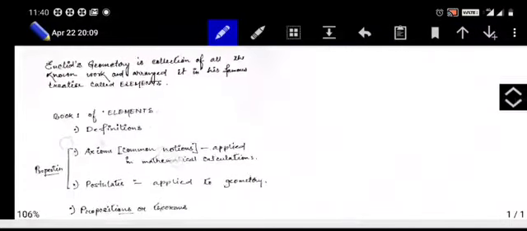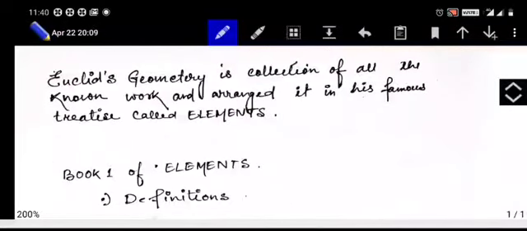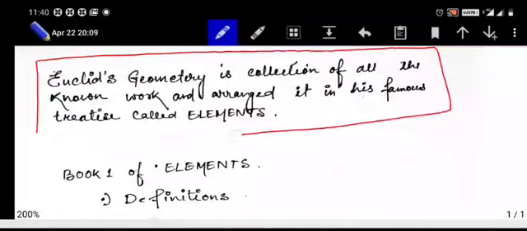So what Euclid did in his book Elements, it is called Euclid's geometry. Let us first understand what this is. Euclid's geometry is a collection of all the known work. As I said, in different periods people were working for different reasons. For one more example, Mohenjo-daro was a highly civilized society.